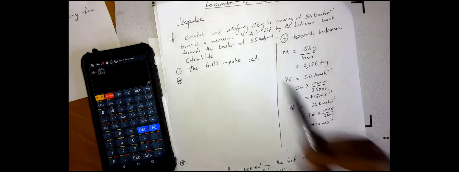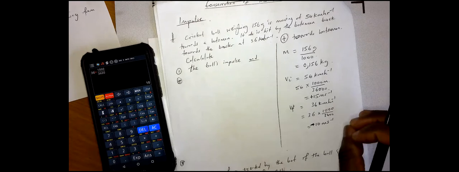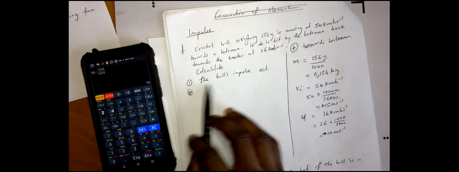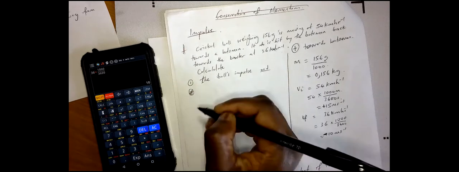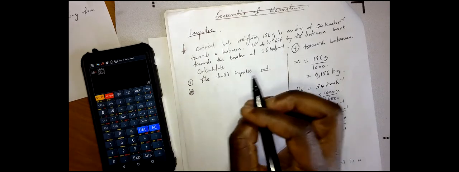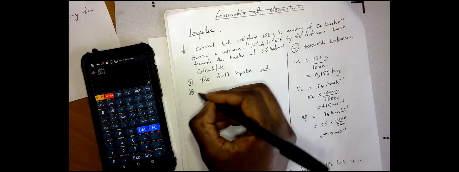Now what else do we need here? I think we have everything that we want. Now how do we calculate the ball's impulse? First, you must calculate the change in momentum.